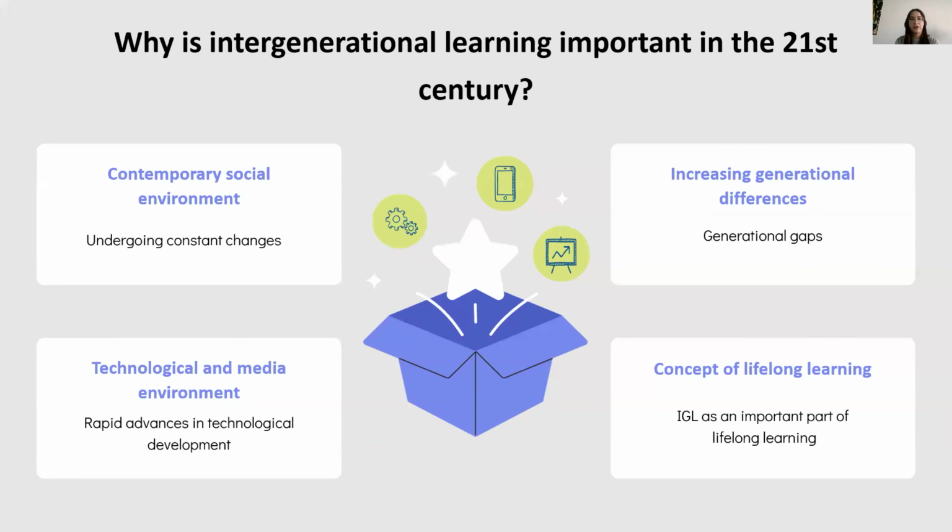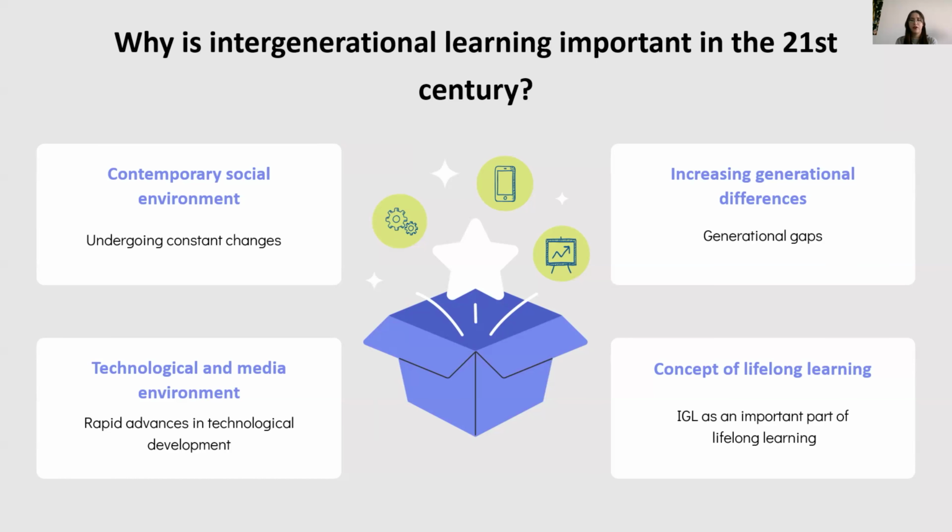So in contemporary society, IGL implies the mutual exchange of knowledge, values, and resources between two or more generations, whereby members of different generations learn from each other. This exchange is particularly important in the 21st century due to the significant generational disparities which are influenced by the ever-changing contemporary society, and also rapid technological and media advancements.